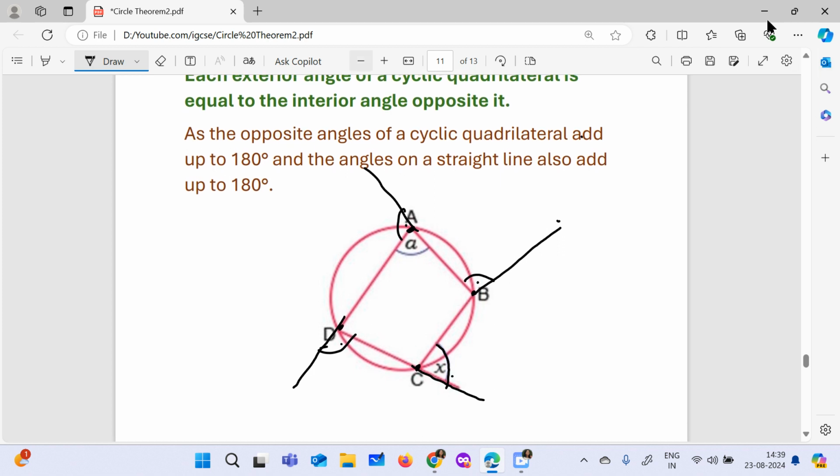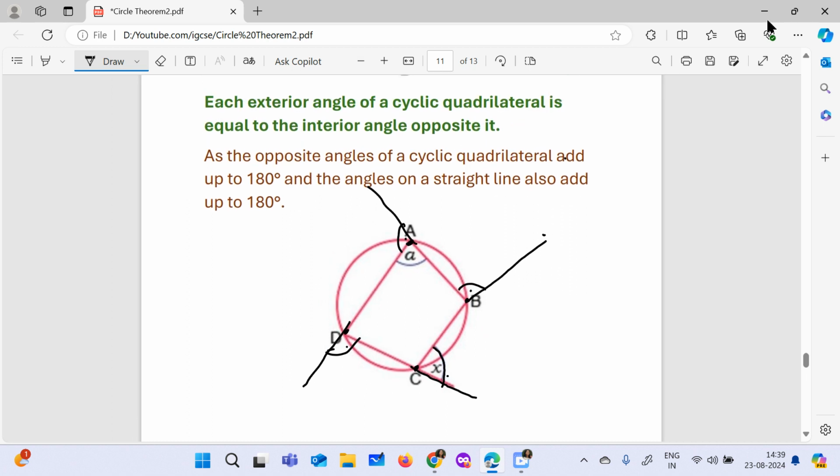It says that each exterior angle of a cyclic quadrilateral is equal to the interior angle opposite to it. Now, this is an exterior angle of this cyclic quadrilateral. Then this will be equal to the interior angle opposite to it. So this A is the interior angle opposite to exterior angle x. Is this clear to you?